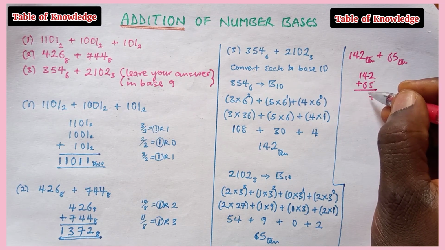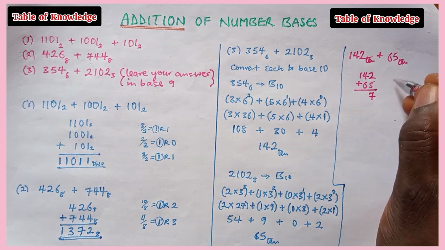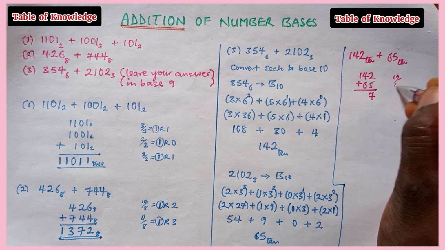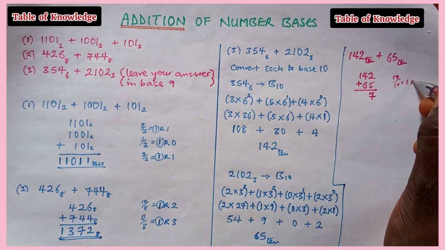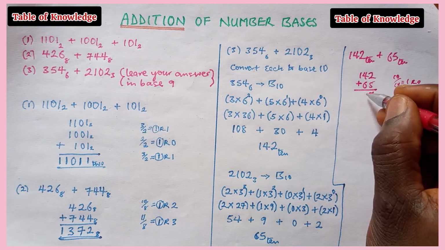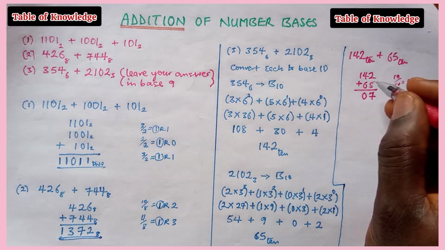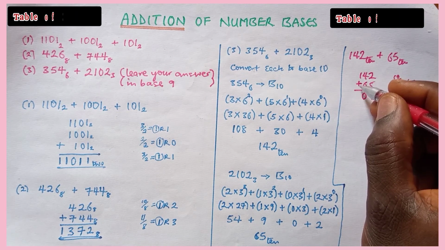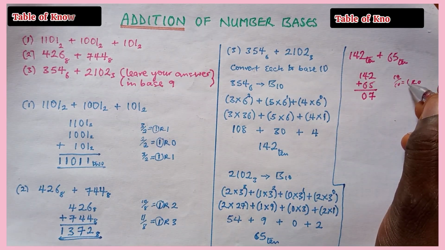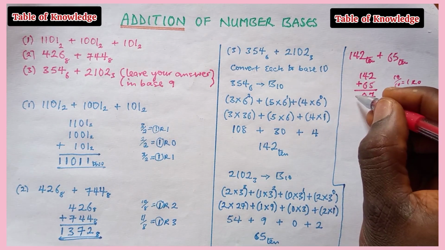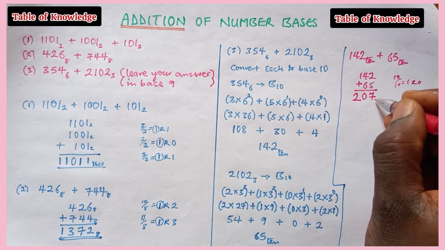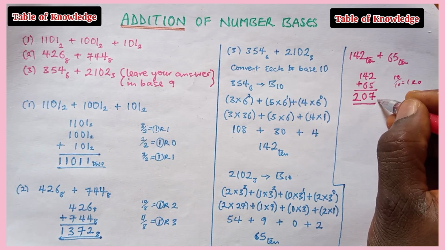We have to use the base, which is 10, to divide 10. 10 divided by 10 will give us 1, remainder 0. So we write down the 0 and carry 1. That's how we normally write down 0 and carry 1. So 1 plus 0 is 1, plus the 1 we carried here, which is 2. So we have 207 in base 10.